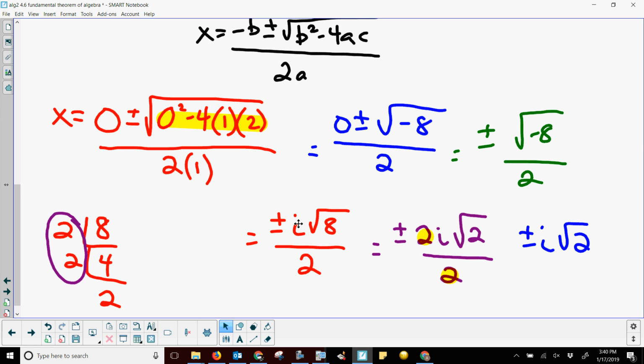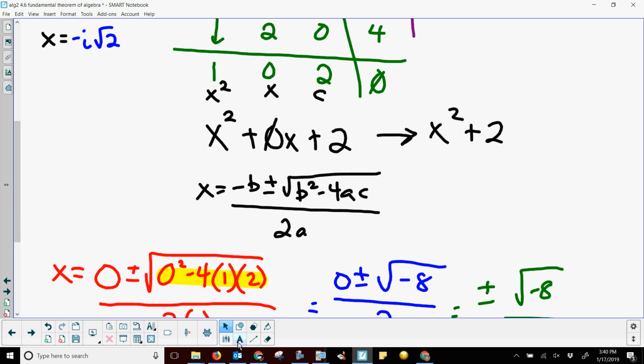The negative became i. The 8 became, when we factored out, 2 square root of 2. That 2 and that 2 cancel out. But I don't mess with this, because if you go back a little bit, at the very end of the last video, the 3 that was inside the square root did not get touched. It would be if there was a 2 out here or something. So it ended up being i square root 2.